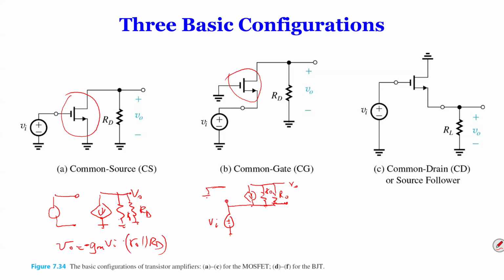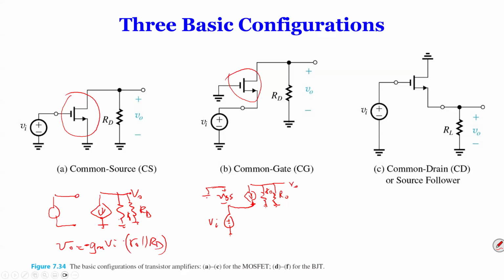No, actually, I made a mistake. So I connect here. Okay, sorry. The current is not flowing to ground, so that was a mistake that I made. The important point is that VGS is right over here, between gate and the source.